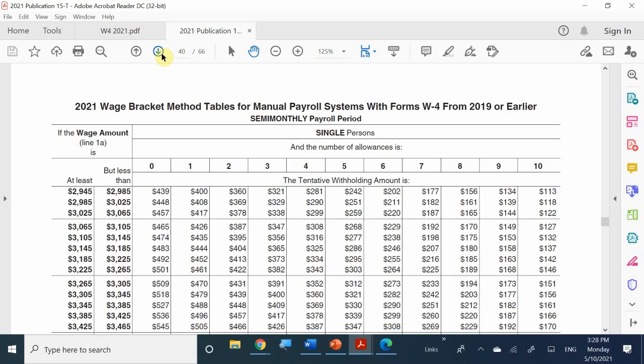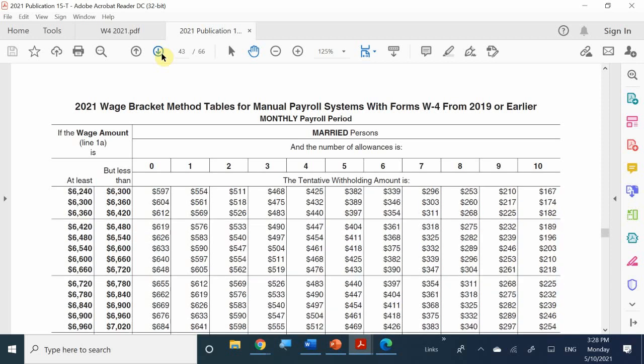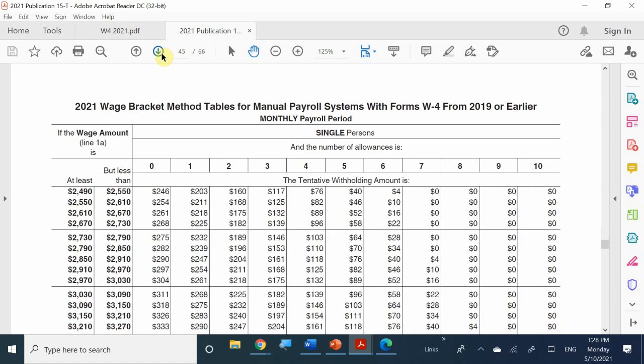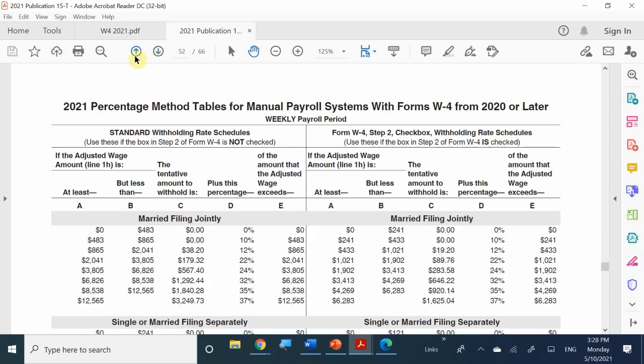Okay, it depends on which form that the employee sends in. So once again, we're assuming that we're starting our company as of 2021. So you're going to be looking at forms that are 2021 or later. Okay, so here we are.